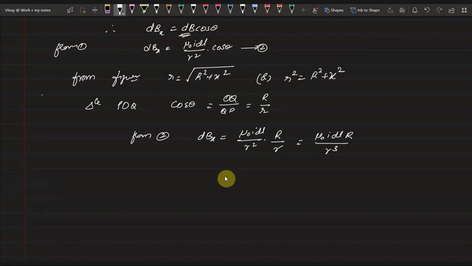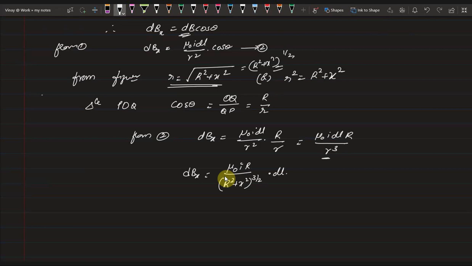Then dBx is equal to mu naught I R by r cube, where r is the square root of R square plus x square, which can be written as R square plus x square whole to the power of 1 by 2. Substituting, and this is cubed, you get the power 3 by 2, into dl.